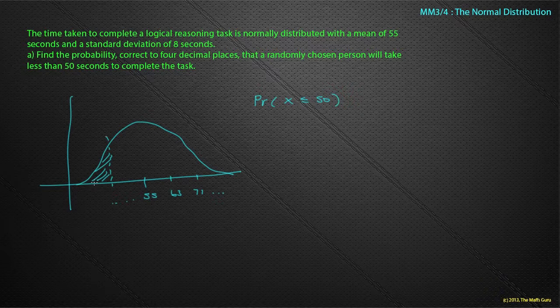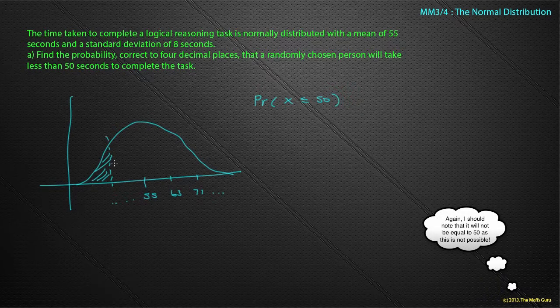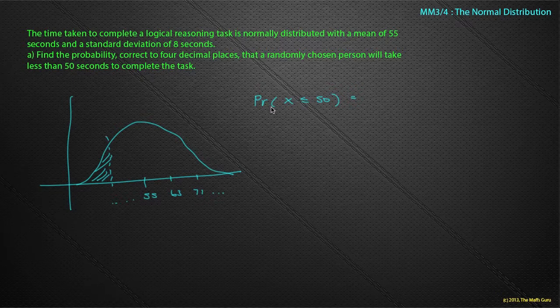So we go into our function on our calculator, more specifically our normal Cdf function, and what do we put in as our limits? Well, we would put in our lower bound as minus infinity. Remember, we want to go all the way back. Our upper bound in this situation would be 50. Our mu, or our mean, would be 55.